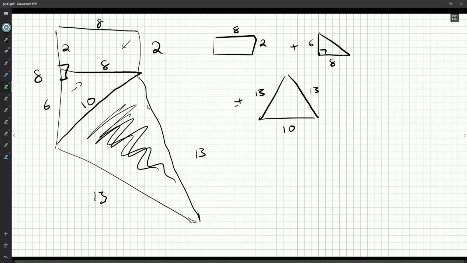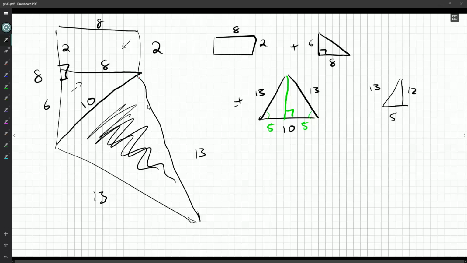If I were to drop an altitude in here, that's going to split the base in half. Why? Because it's an isosceles triangle. So by angle, side, angle, everything works out. And if I remember my Pythagorean triples, I know that 5, 12, and 13 are a right angle triangle.